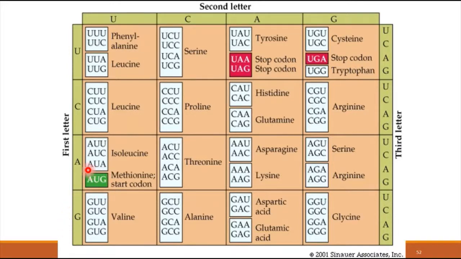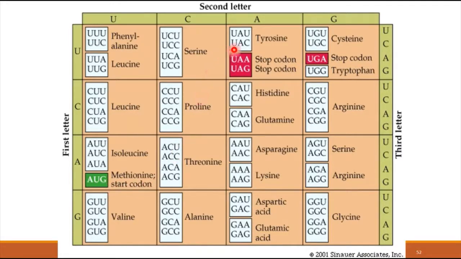Two things that are important to note on here are the fact that there are a few codons that are highlighted in colors here. AUG is highlighted in green because this codon is called the start codon. It is found at the beginning of every gene. It is always the codon that starts things off. The first word is always AUG, and this word corresponds to the amino acid known as methionine, another one of the 20 amino acids.